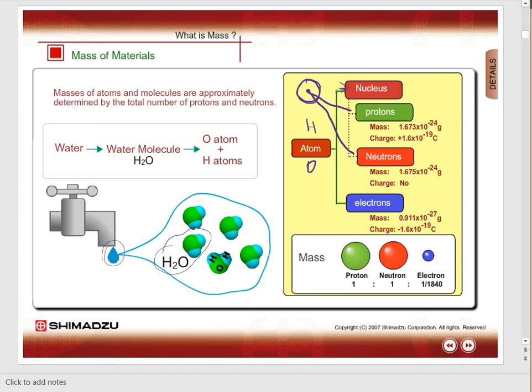So both of those are going to be located in the center core of the atom. If you want to think about it, our solar system, that would be the sun. That's in the center, right? The electrons would be the planets that go around that sun, or the center, or the core. So the electrons are all basically scattered throughout the atom. We know that they're not just anywhere they want to be. We know that they've got to be in orbits and they've got to be in specific paths, just like our planets in the solar system.